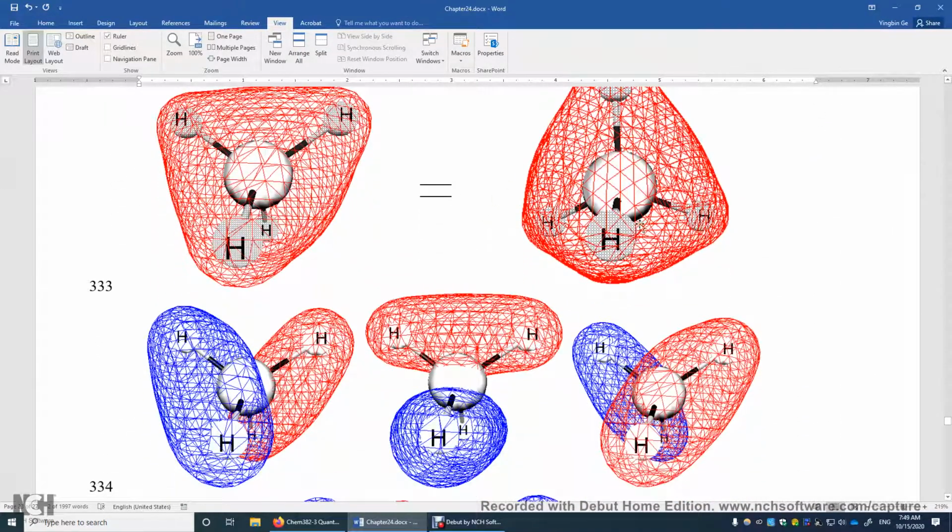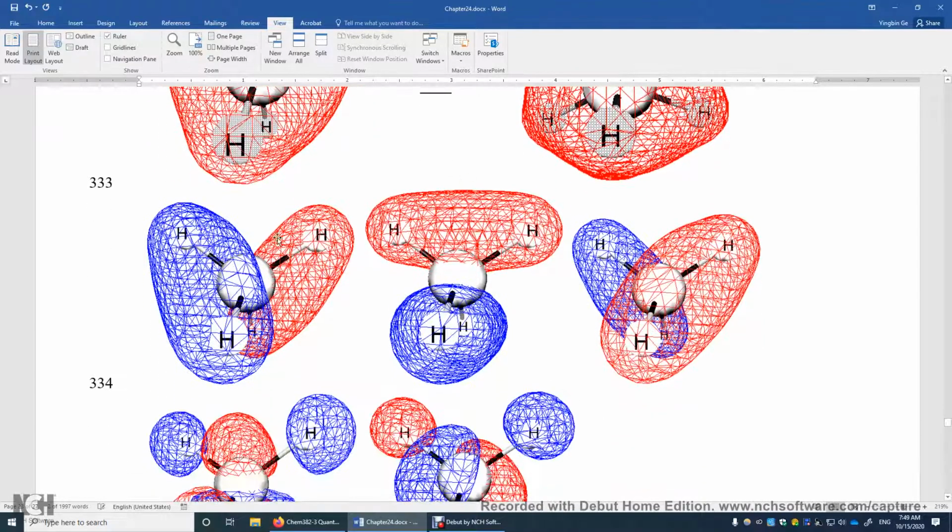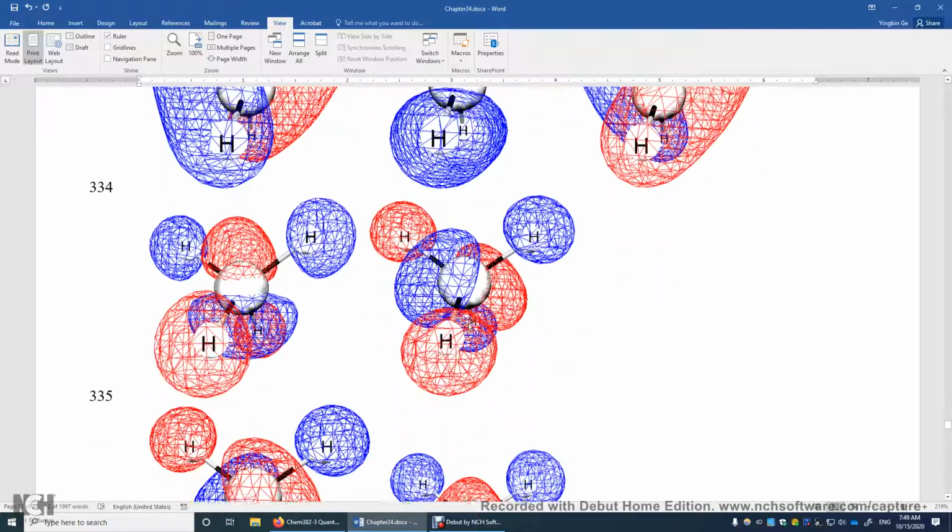This is the picture. The 1s orbital interacting with the 4 hydrogen atoms. In these 3 MOs, it's one of the 3 p orbitals interacting with the hydrogen atoms. So if this is the z direction, you can imagine this is the pz orbital interfering with these 2 hydrogen atoms in a constructive manner, and also here it's constructive interference.